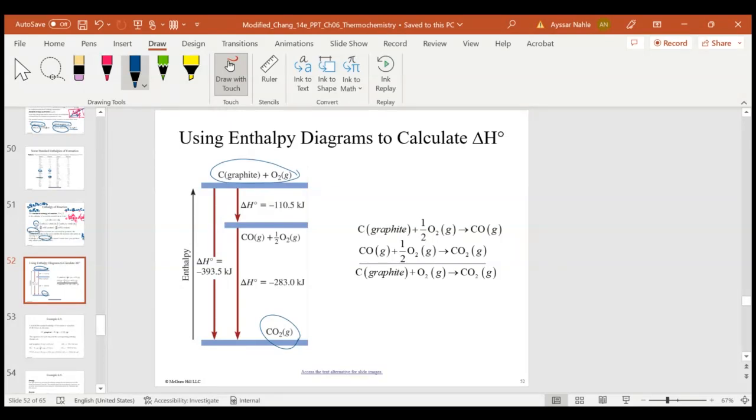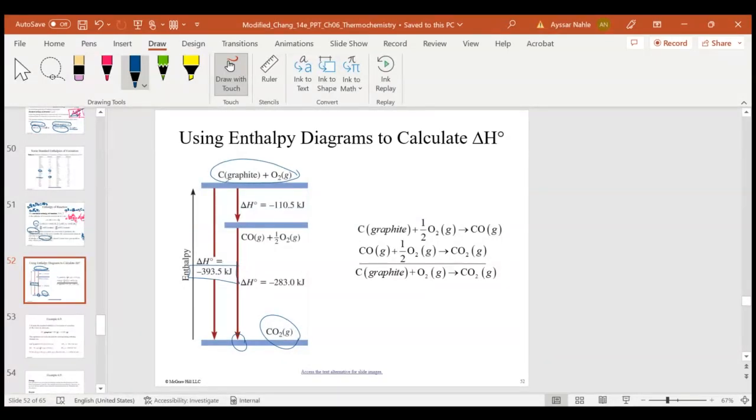Otherwise, we would take it from the air and use it as a source of heat. Now, this is a very low energy, and this is a very high energy. That's why the final energy is low and the initial energy was high. Low minus high will give me a negative sign. That means when I burn the graphite, I get a negative value, which means it's an exothermic reaction, all right?